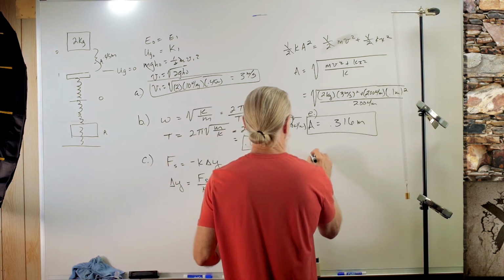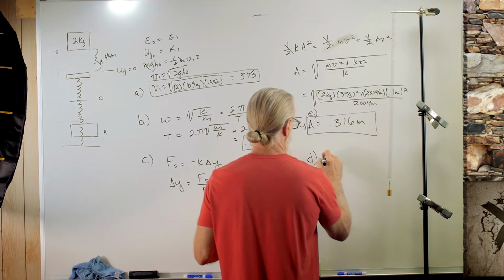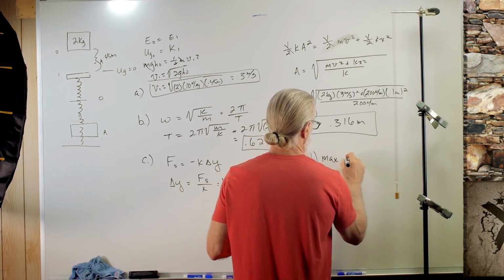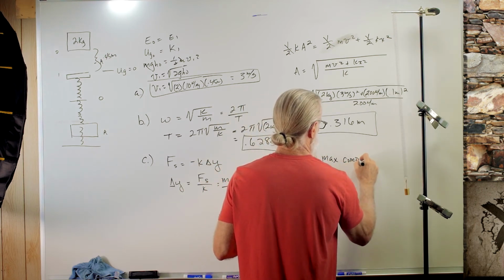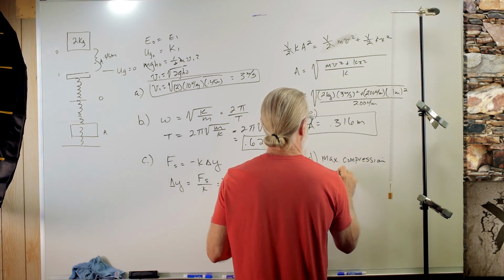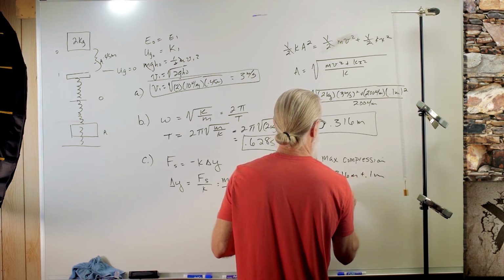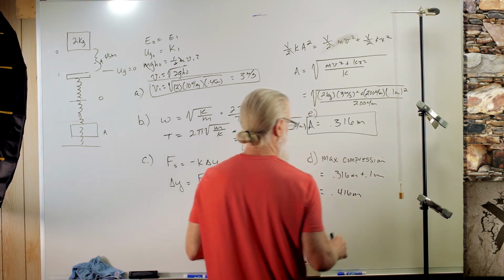So the answer to D is max compression equals 0.316 meters plus 0.1 meter is 0.416 meters.